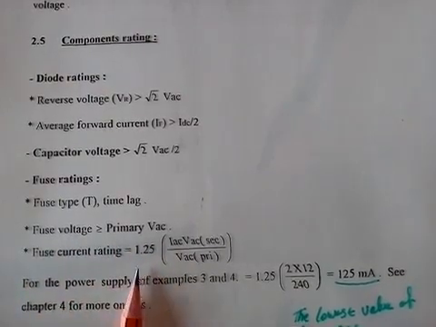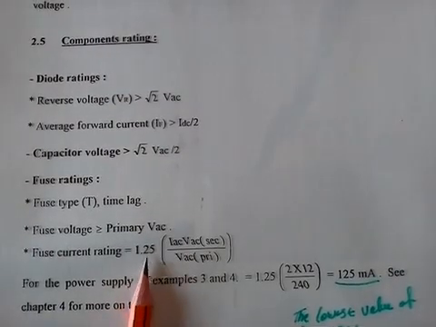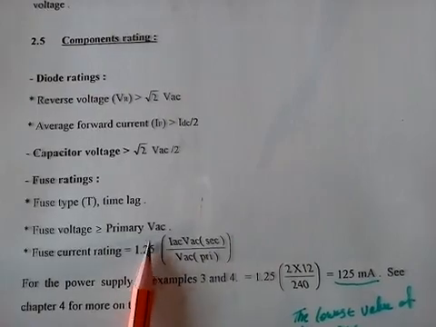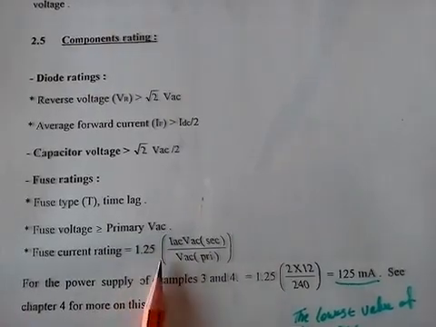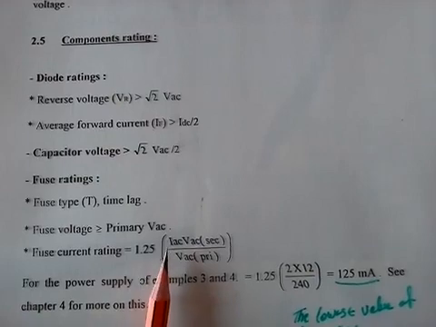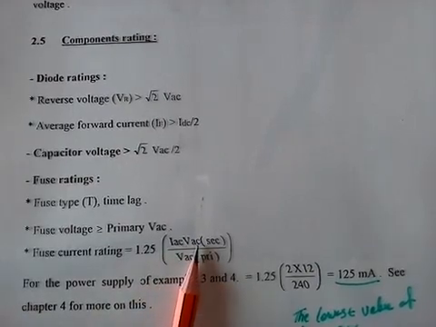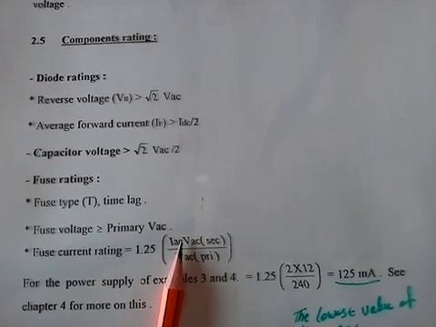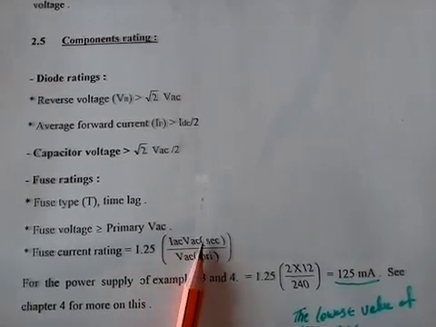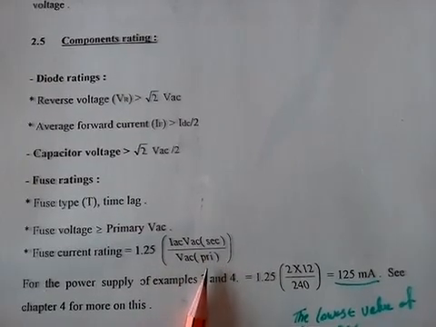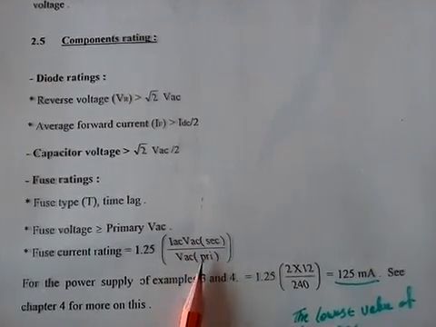Fuse current rating equals 1.25, 25% as a safe margin. We always throw it in there. Multiplied by the two in parentheses, IAC, VAC, that's the transformer rating, secondary, divided by the VAC of the primary, so we are reflecting back the current, okay.